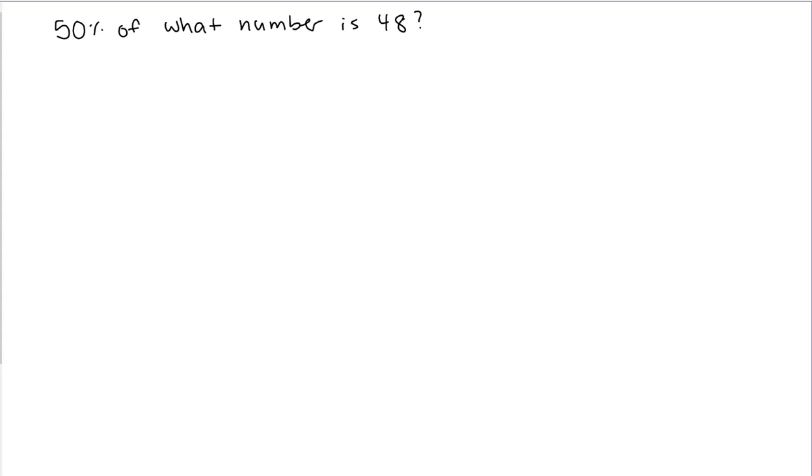So what we need to remember is when we wanted to find the part, we did the percent and we multiplied that by the whole. Now we want to find the whole, which means we're going to do it the opposite way. We're going to do the part divided by the percent, okay?